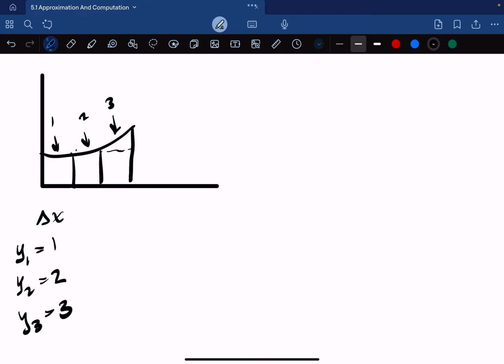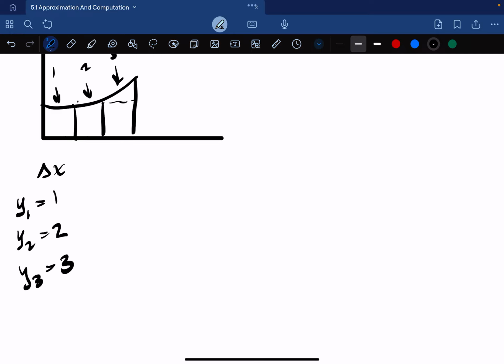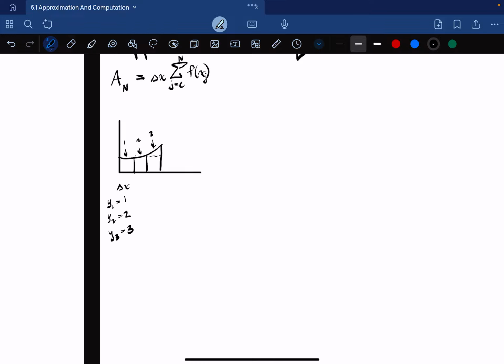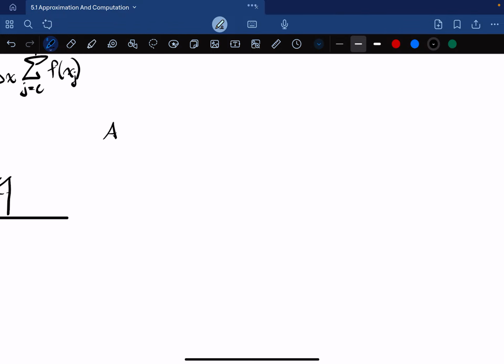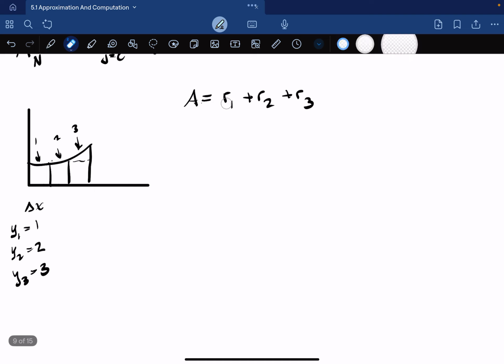Okay? And remember, how do we do an approximation? We take the area of each rectangle and then we just add them together. So, what would that look like? Well, the area is equal to rectangle R1 plus R2 plus R3, because we have 3 rectangles, and it's going to be equal to the area of each of them.